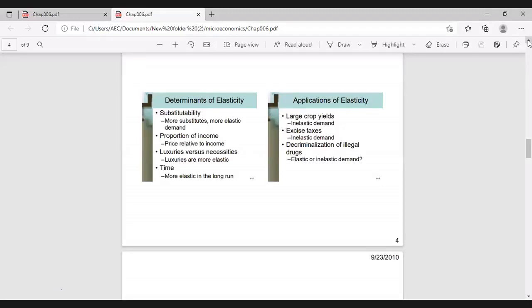So for a commodity that has inelastic demand, if we increase the price, total revenue increases, because with inelastic demand, even if price increases, quantity demanded will not fall much. So total revenue increases. That is why every year in the budget, the government increases the price of cigarettes, liquor, those commodities.